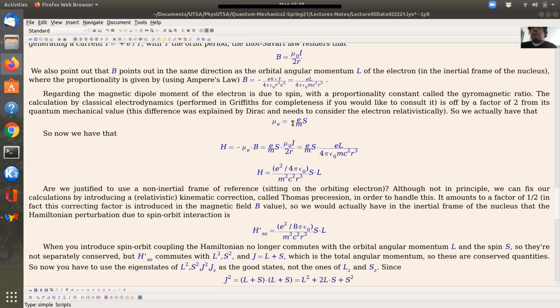You have the charge of the electron divided by m. So there is a factor of 2, again introduced as a correction. This is the final form in the quantum case.